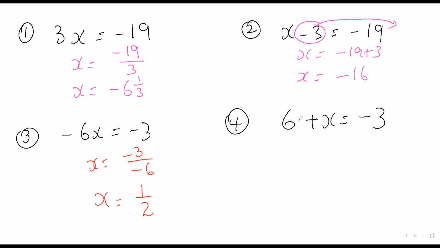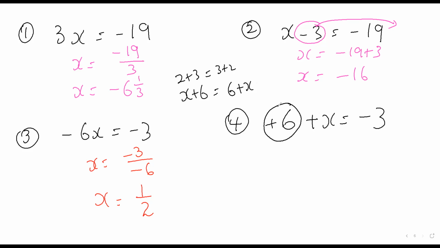What is happening to the x here? The x is being added to the 6. Point to note, x add 6 is the same as 6 add x, same thing as 2 plus 3 is 3 plus 2, right? So it is your choice to rewrite it if you want, or you could understand from right here and say, okay, x is being added to 6, 6 is being added to x.